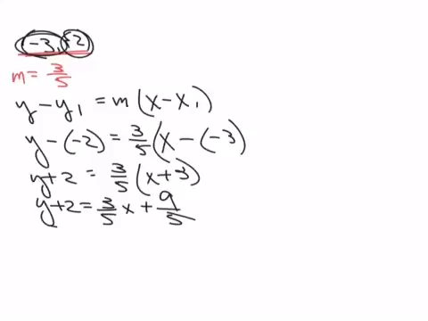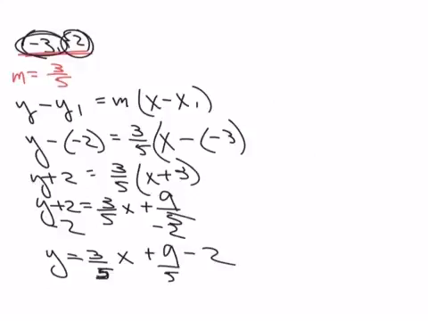Okay, subtract 2, subtract 2. So we have y equals 3/5 x, that's a 5, sorry, plus 9/5 minus 2.